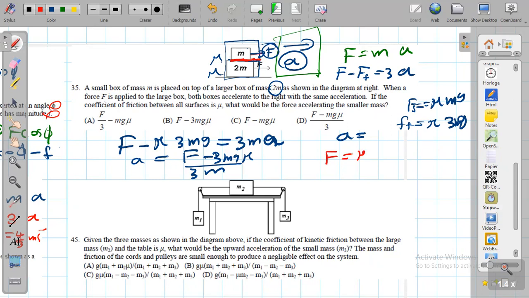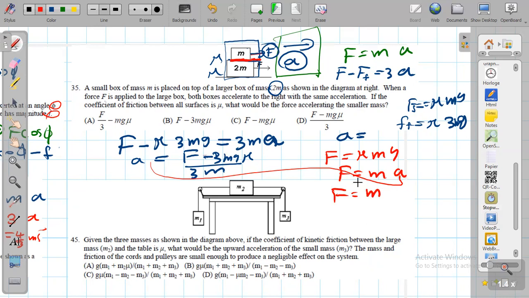F equals mu mg is the friction here, and that's the acceleration force. F equals ma. So to provide the same acceleration, what is the force? That's the mu mg. Right? So what is the minimum force you require? This is the force you require.